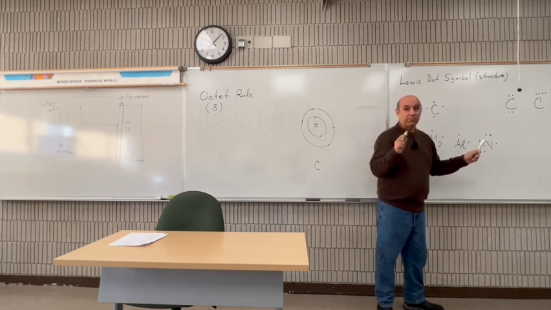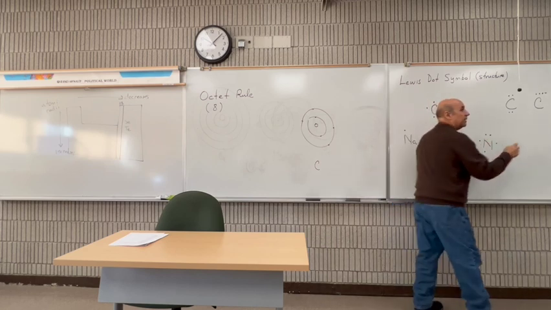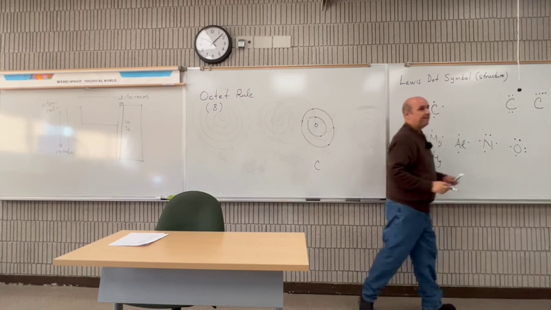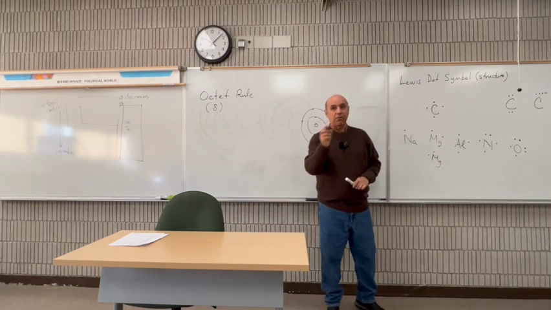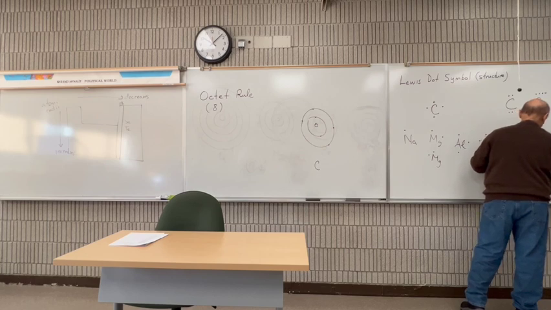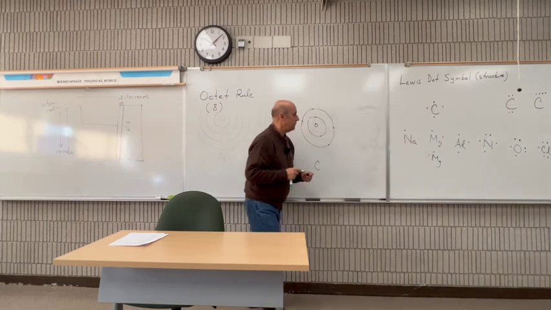It's going to be super important later. If I count dots, I have 1, 2, 3, 4, 5. 5 electrons. Next one, oxygen. 1, 2, 3, 4, 5, 6. I'm pairing them now, still going clockwise. Chlorine, 1, 2, 3, 4, 5, 6, 7. We don't touch group 18.